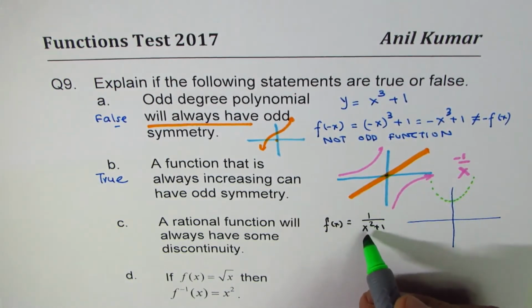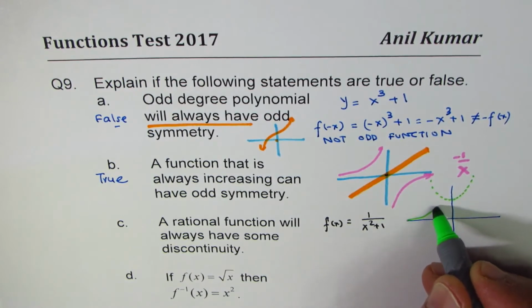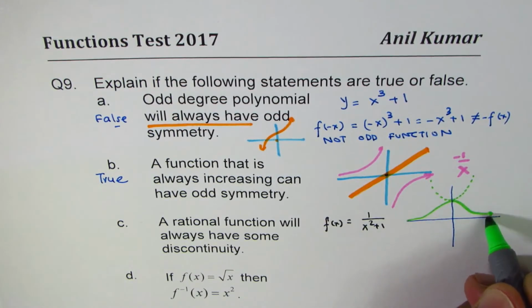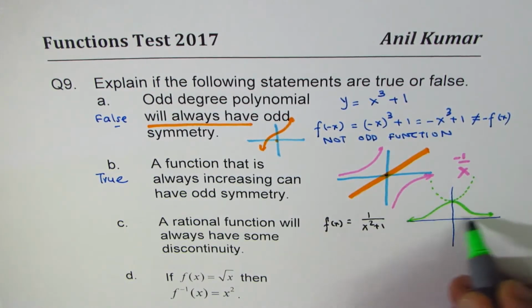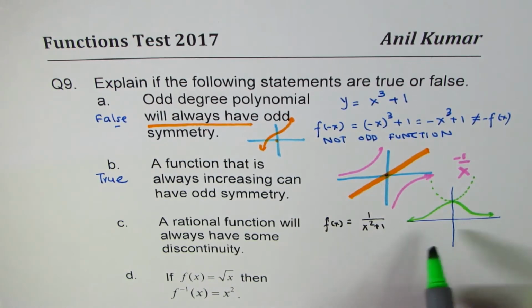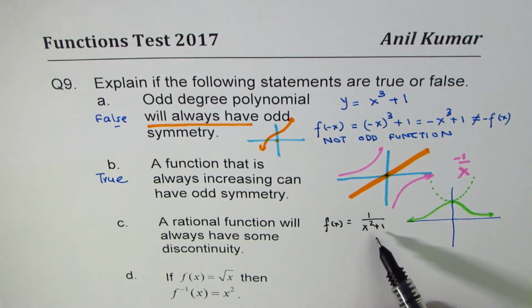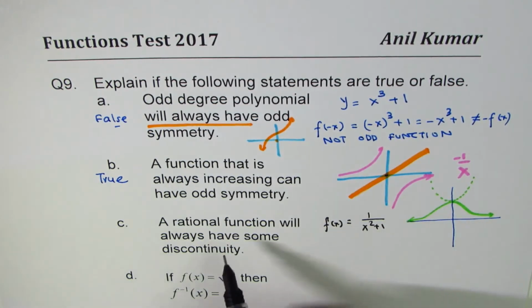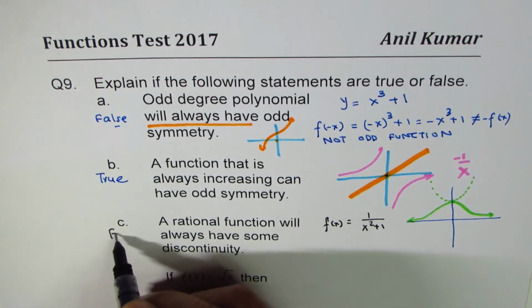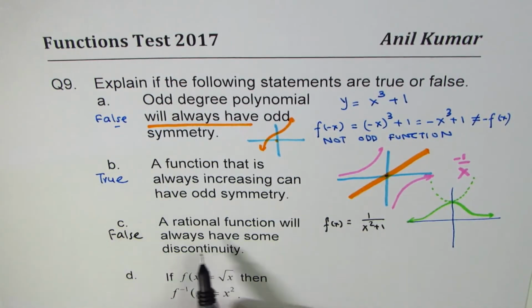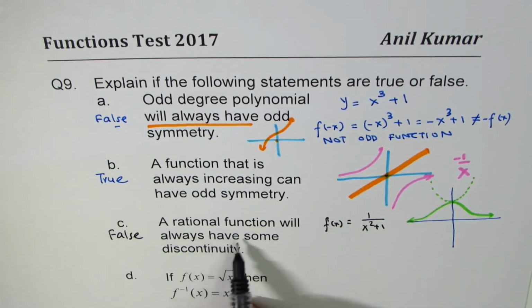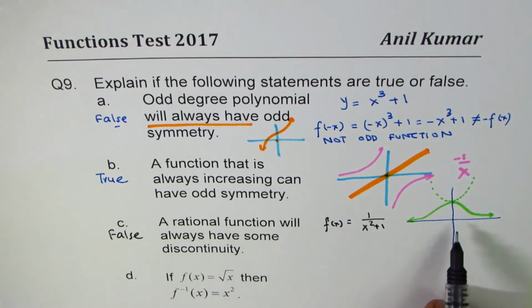Then 1 over x squared plus 1 will be a function like this. Now this function is continuous in its domain. It does not have any discontinuity, and it is a rational function, right? A polynomial divided by another polynomial. Therefore, this statement is false. A rational function will always have some discontinuity? No, there are many examples like this.